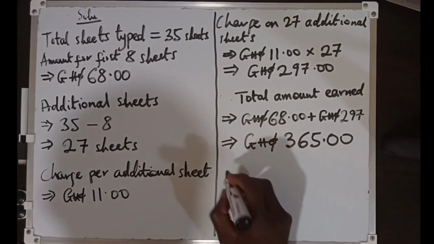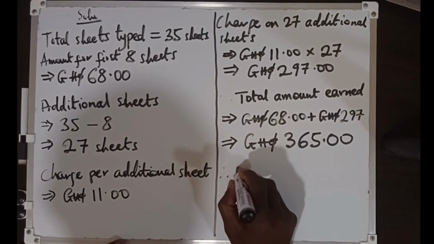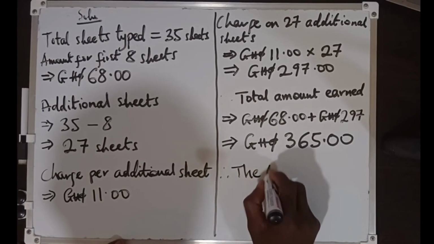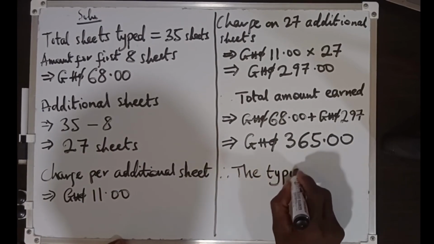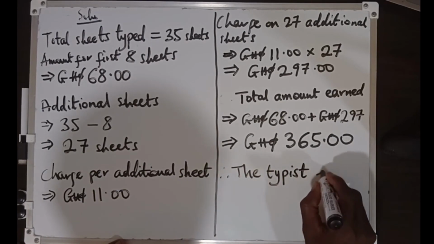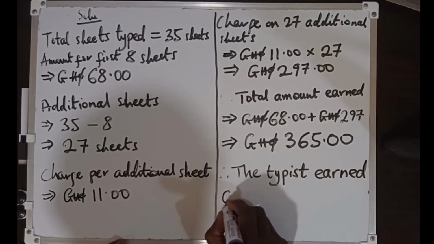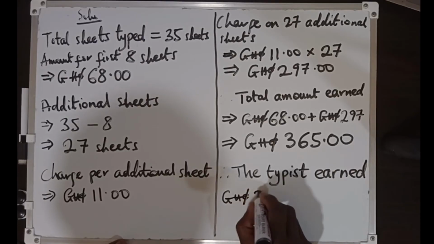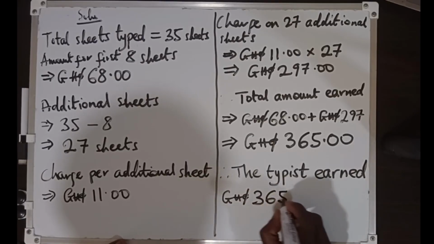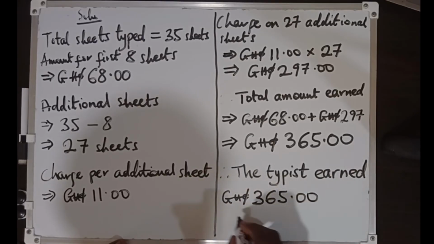So you say that therefore the typist earned 365 Ghana cedis.